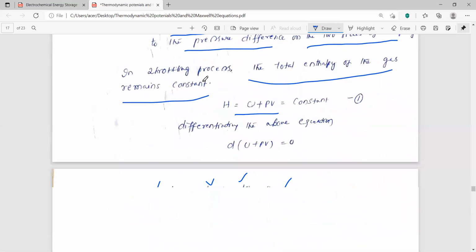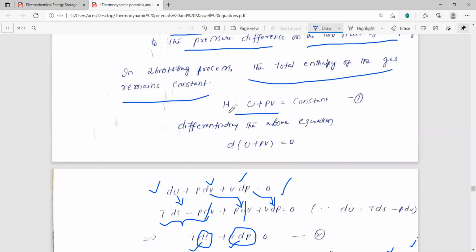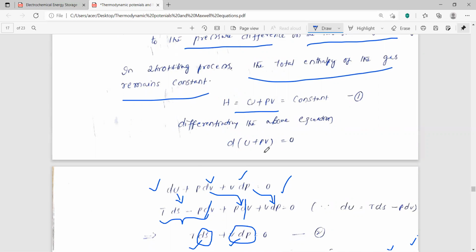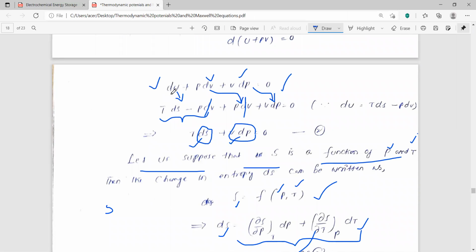So H is constant. As you know, what is the value of H? U plus PV equal to constant. First, if you differentiate this equation, you get dU plus P dV plus V dP equal to 0.